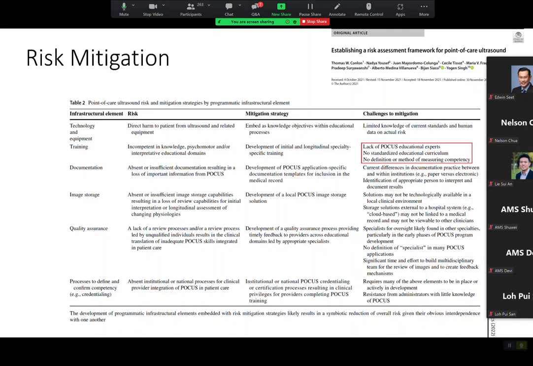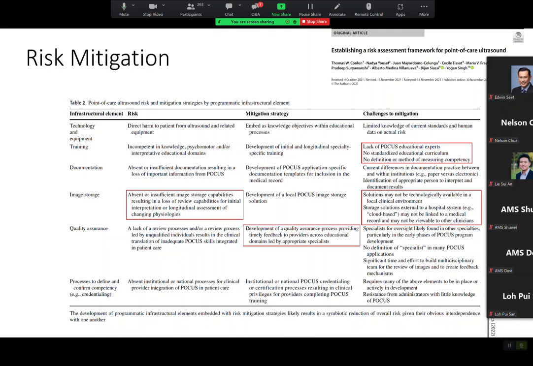Lack of structured training during residency. Image storage can be a huge problem as well. A lot of the machines used for POCUS are handheld, and they require Wi-Fi connection to the hospital in order to get images stored onto the PACS system, and this can be an issue as well.